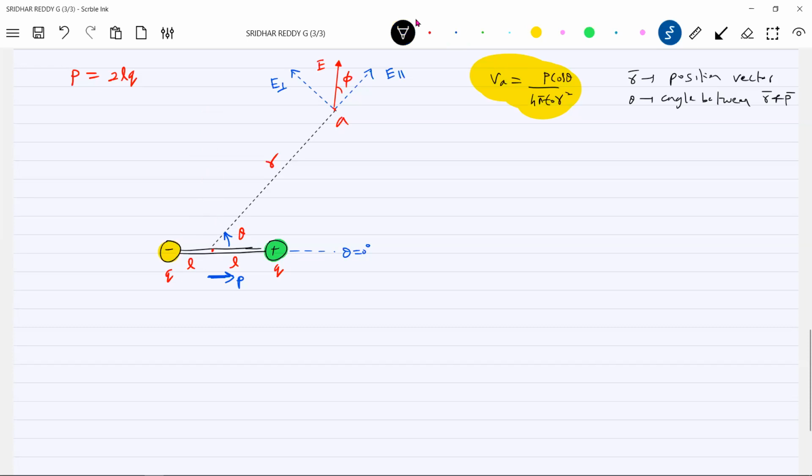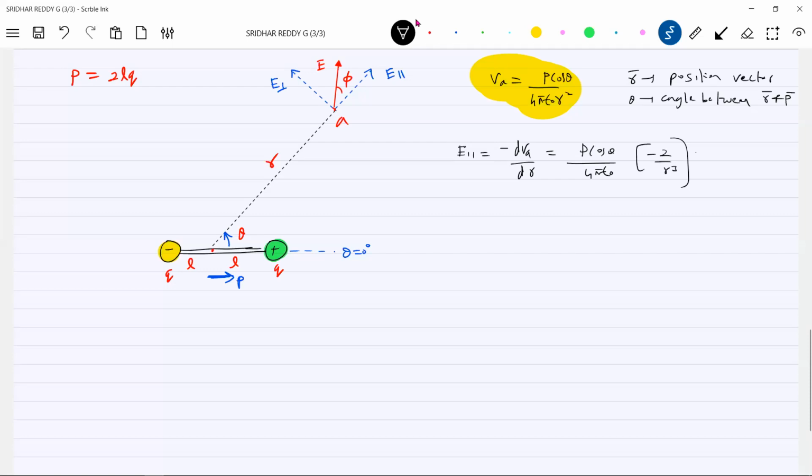So first we will get the E parallel. What is E parallel? E parallel is given by minus dV_A by dR. If you differentiate this with respect to R, you get the E parallel. Okay, let me differentiate P cos theta as it is, minus, this will become 2 by R cube.